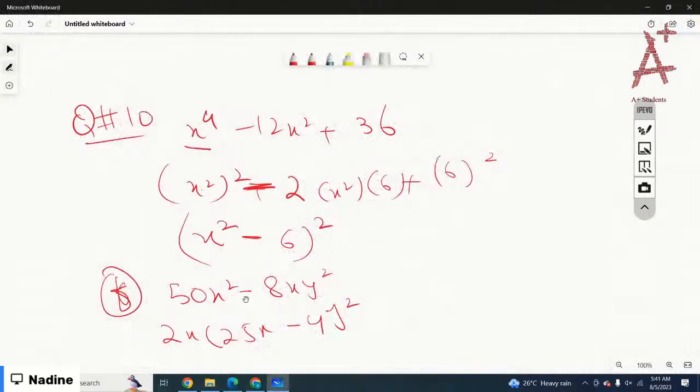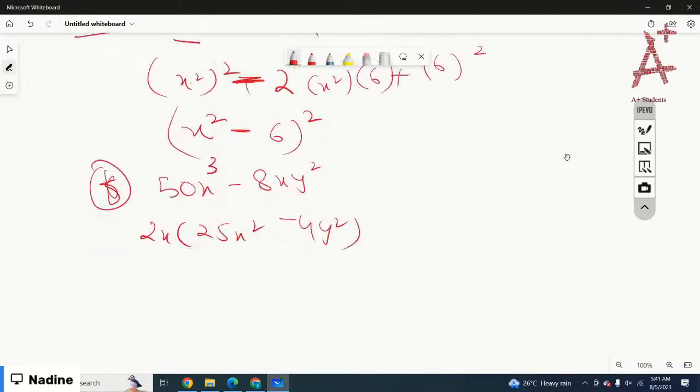Okay, here you have cube. Okay, we can take common 2x. 25x square minus 4y square, right?